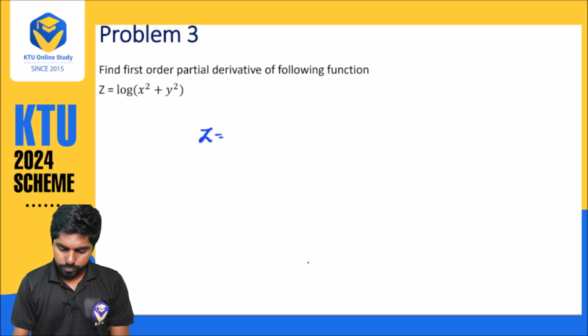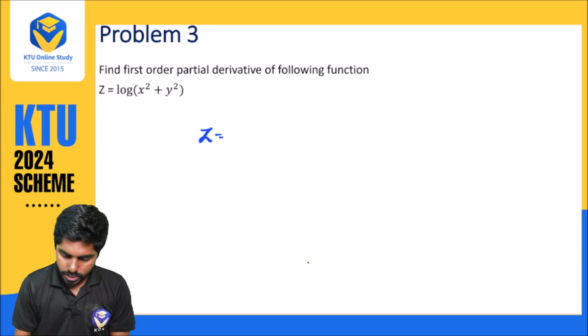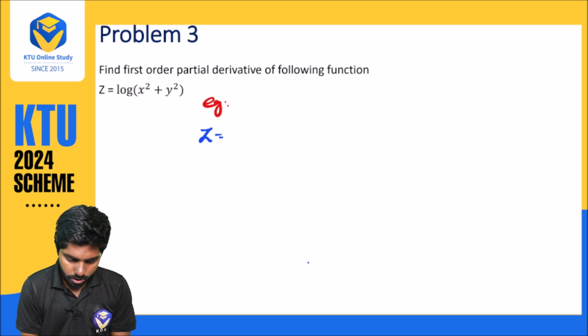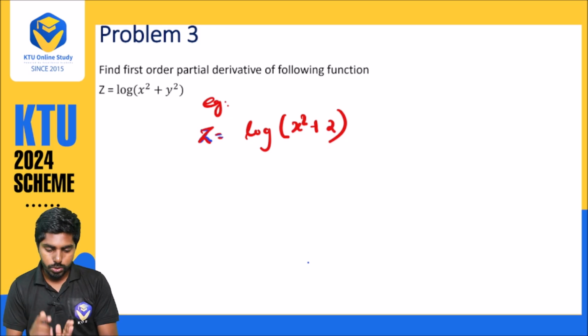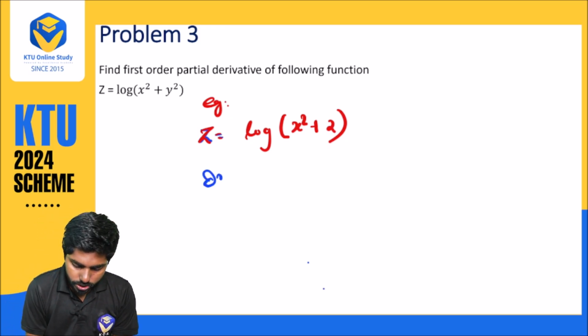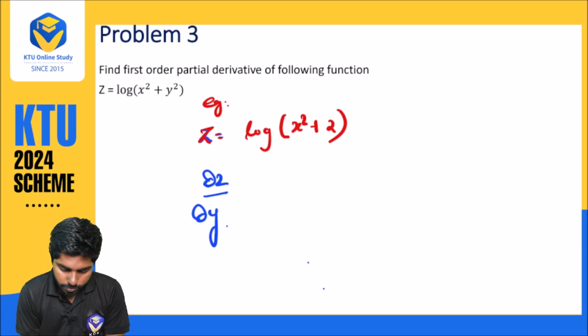Let me give an example. Here you just see the example: z is equal to log of (x square plus 2). I am doing dou z by dou y, with respect to y.